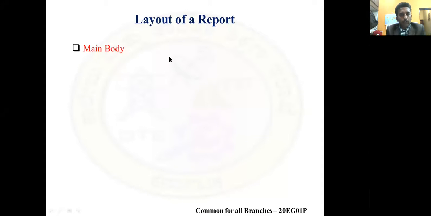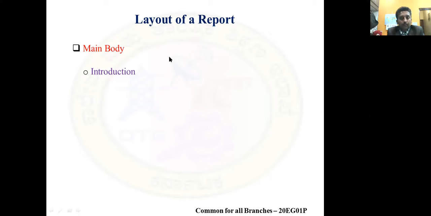So under main body, we have to enter the important element, that is introduction. Introduction is to say what the report is about, what work has already been done on the subject, and what new grounds are covered in the present study.